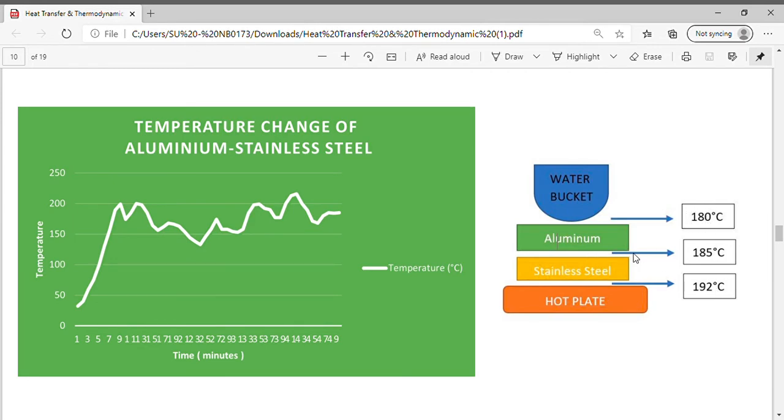If you have an extra thermocouple, you could place thermocouples at locations 1 and 3, but in our case, we don't have an extra thermocouple. So we just use the temperature at steady state condition. As you can see, the graph really varies until it reaches steady state at 50 to 54 minutes and up.